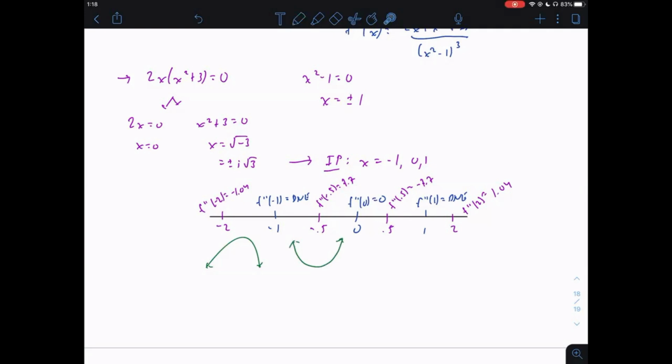But then it hits the second inflection point at 0, and after that it concaves down. And then it hits another inflection point at 1, and after 1, it concaves back up since the second derivative came back positive.